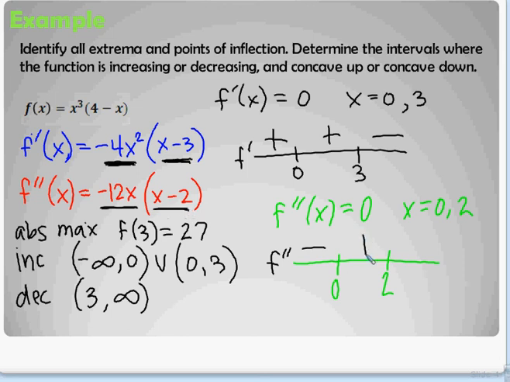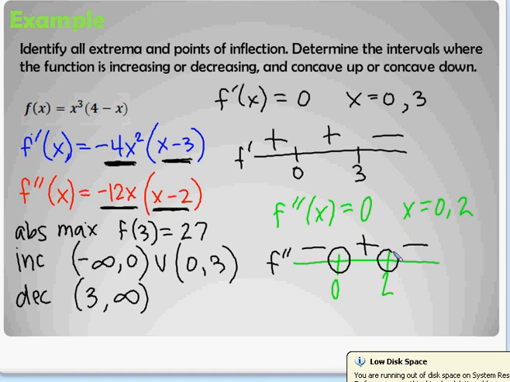Okay? And then we can also tell here where the function is concave up. It's concave up where our second derivative is positive. And so that would be over 0 to 2. And then it's concave down over negative infinity to 0, as well as 2 to positive infinity.